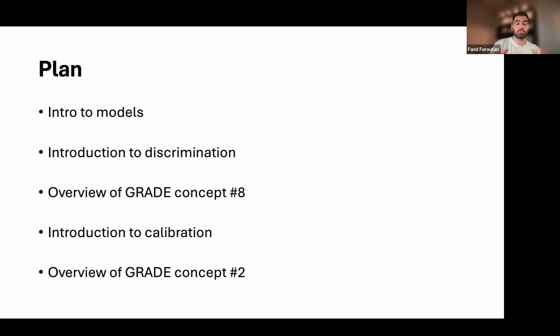Then an introduction to another performance metric that's often the focus of this type of research called calibration, and also the GRADE concept paper number 2 that focused on how we make inferences from the calibration of these prognostic models as well.